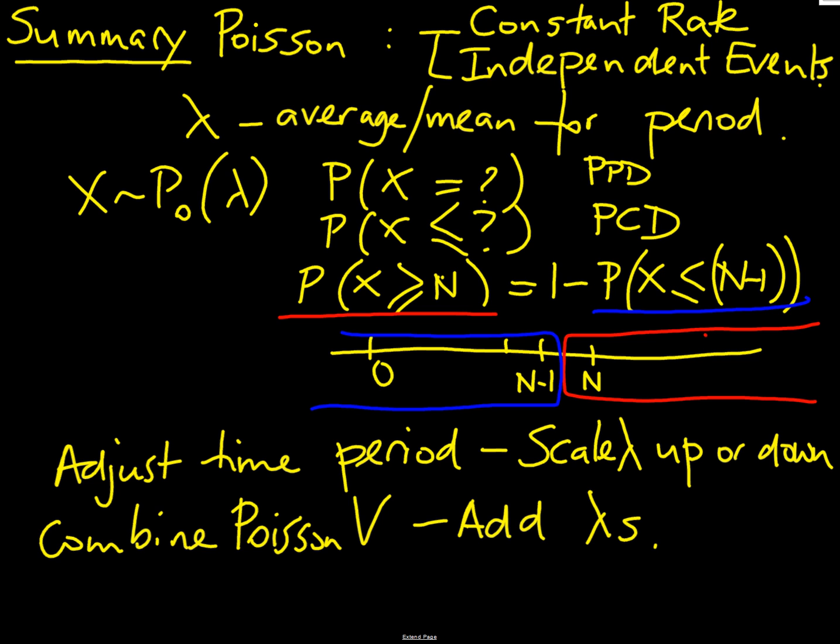And remember, if it's greater than or equal to a particular value n, you want to do complementary probability: 1 minus the probability x is less than or equal to n minus 1. If they adjust the time period, you just scale your lambda up or down. And if you combine Poisson variables, well, you just add the lambdas together and follow the same process of calculation. Hope that's of use.